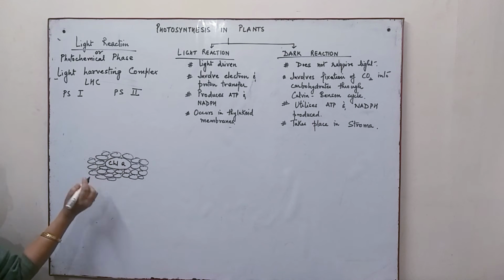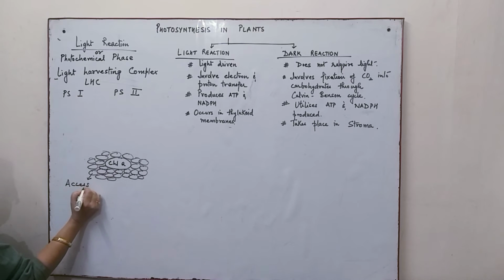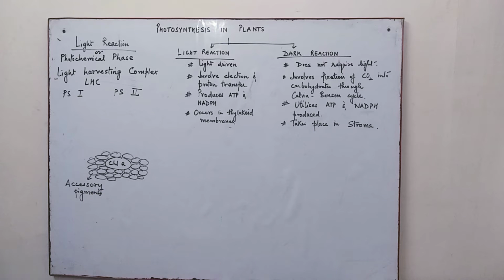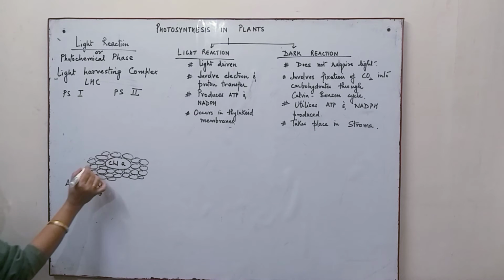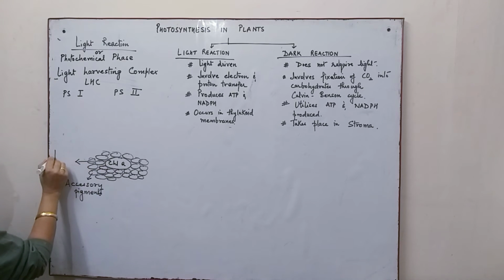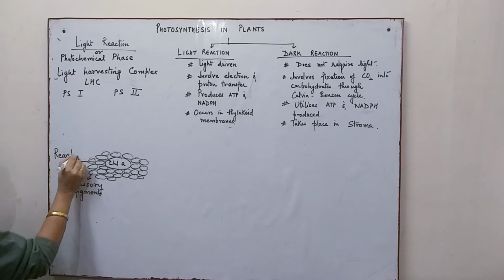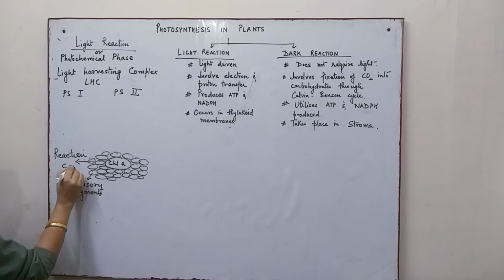So chlorophyll A is surrounded by accessory pigments. All of them, like chlorophyll B, C, D, E, or the xanthophylls and carotenoids, will fall under the accessory pigments category. Now, chlorophyll A is the reaction center.